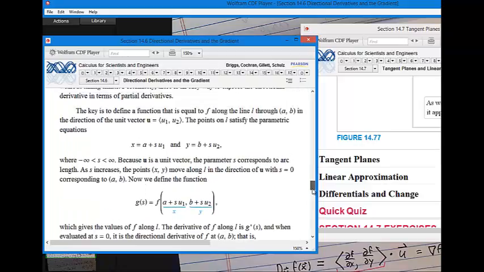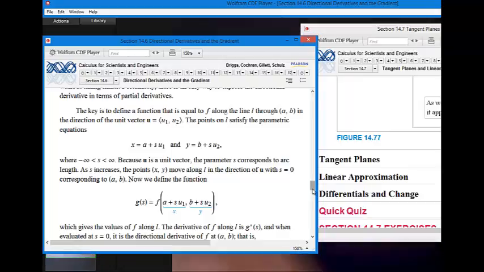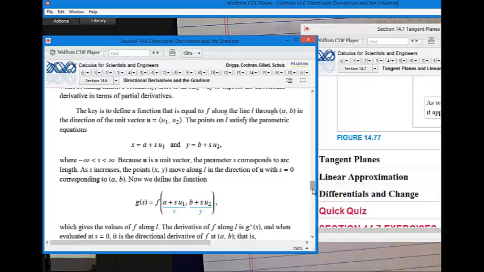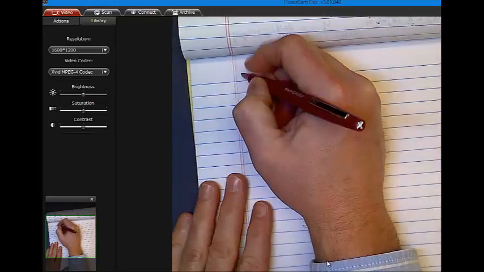We're going to parameterize x equals a plus s u1 and y equals b plus s u2. This is kind of nice. Let's write it down. Sometimes writing it down helps.